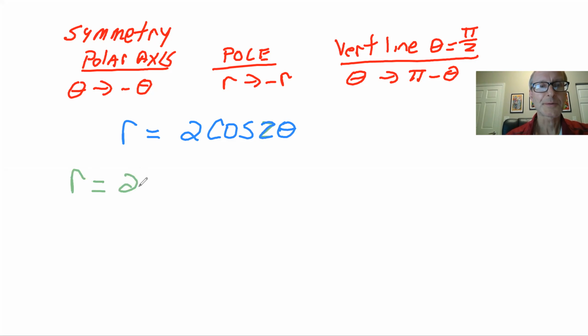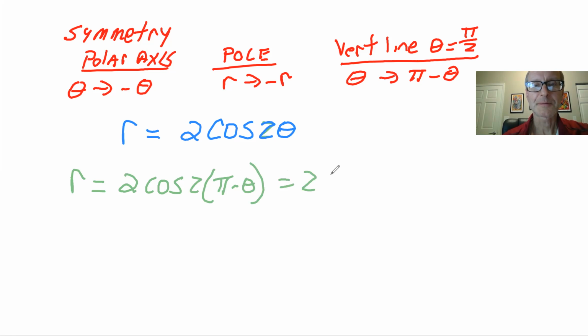So now we have cosine of 2 times pi minus theta. So again, we do a little bit of distributing, and we have 2 pi minus 2 theta.